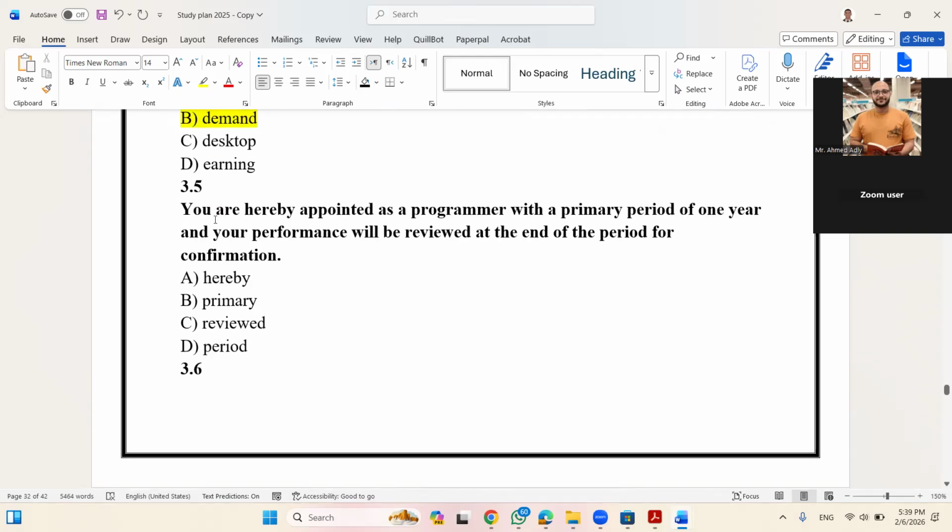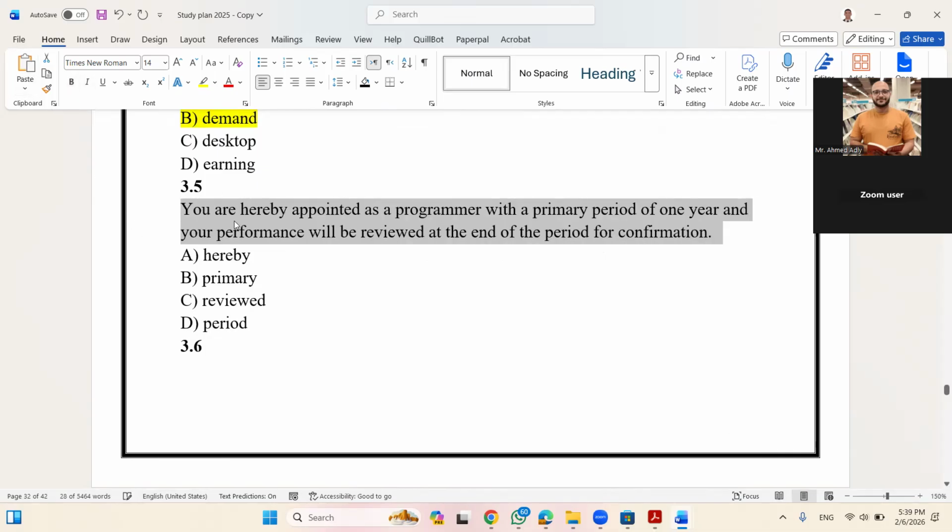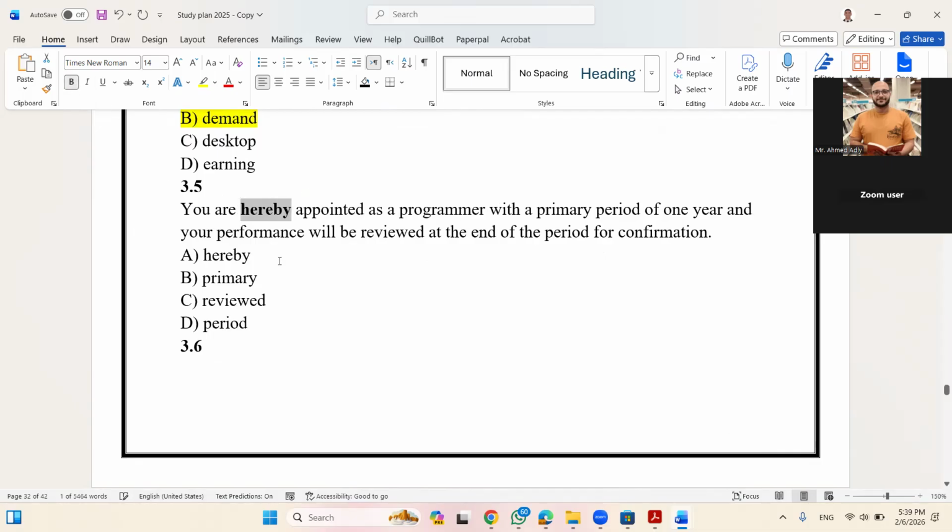Perfect. Fine. You are hereby appointed as a programmer with a primary period of 1 year, and your performance will be reviewed at the end of the period for confirmation. Okay, ask yourself, what is it about? It's about somebody who's been appointed, who's given a job as a programmer.